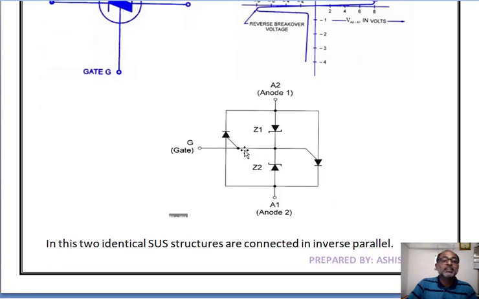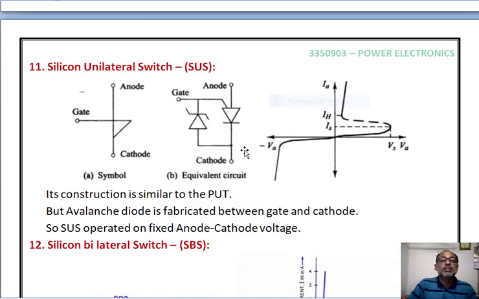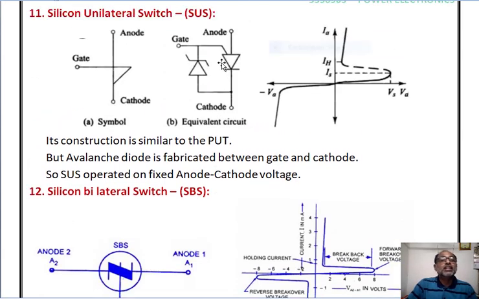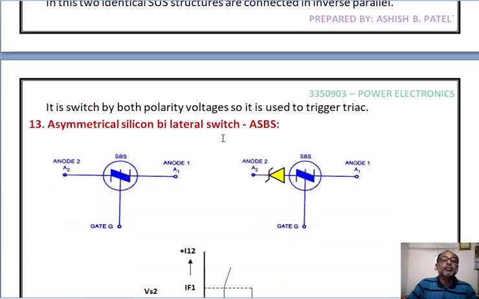Here you can see two SUS, that means silicon unilateral switch, which we have already seen. So this silicon bilateral switch consists of two silicon unilateral switches, both connected in anti-parallel.